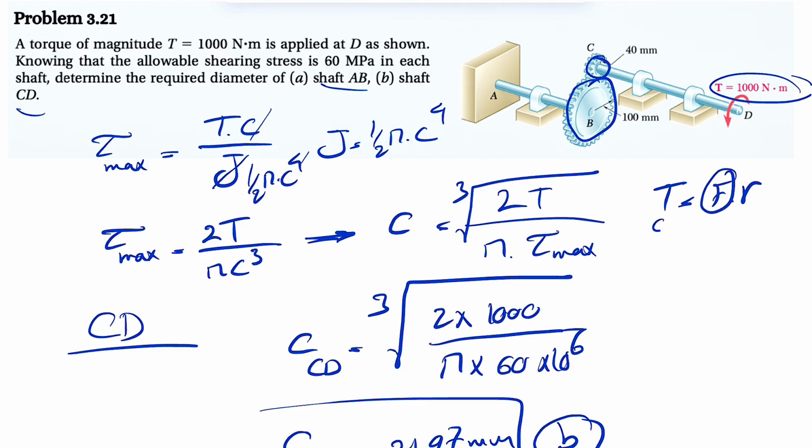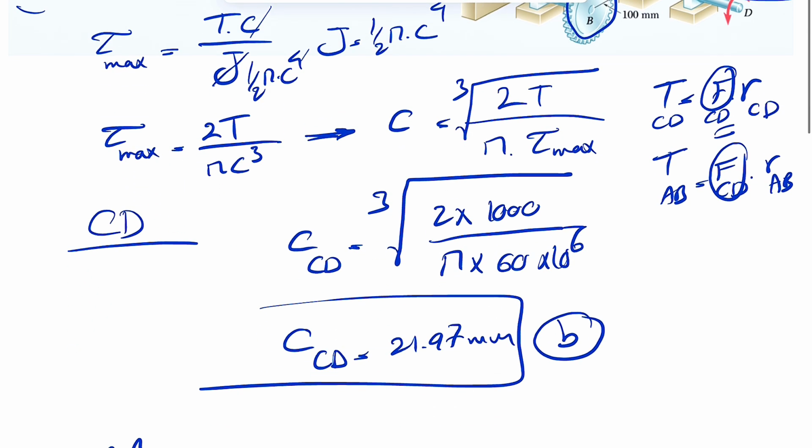So the torque in member CD is equal to F times R_CD, and T_AB, the torque of member AB, is again the same force times R_AB. Since the force is the same, we can see that T_CD over R_CD is equal to T_AB over R_AB.